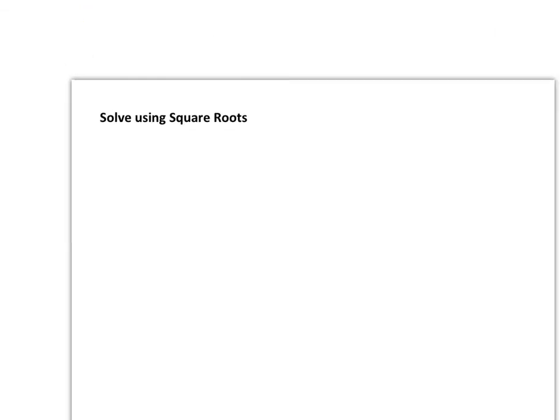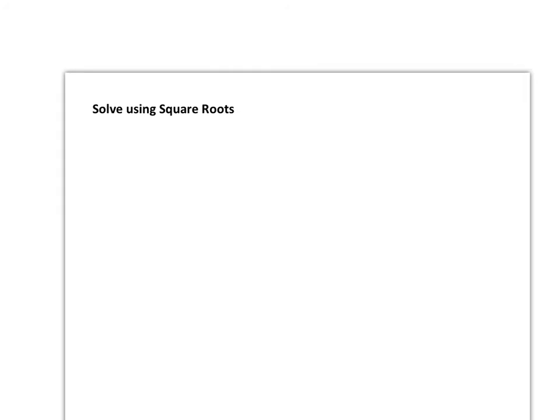All right, the next type of solving that we're going to look at in this section is solving using square roots. Solving using square roots refers to these types of problems here. So we have x squared equals 16. Well, I believe we talked in that earlier section about opposite operations. So we know addition and subtraction are opposite.